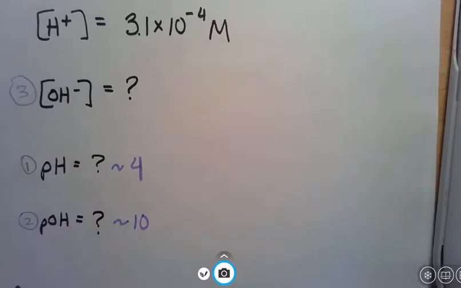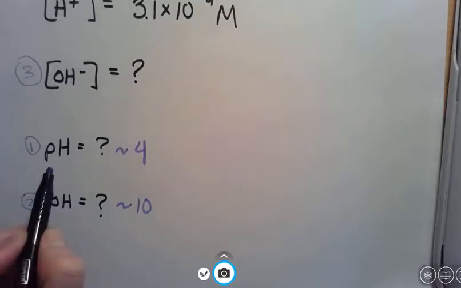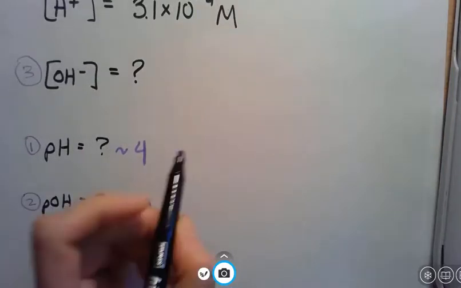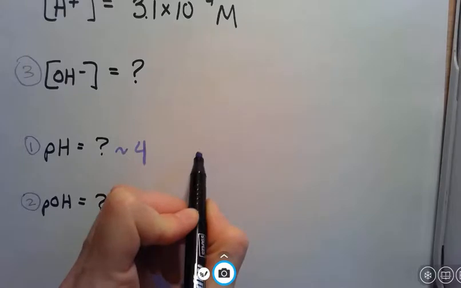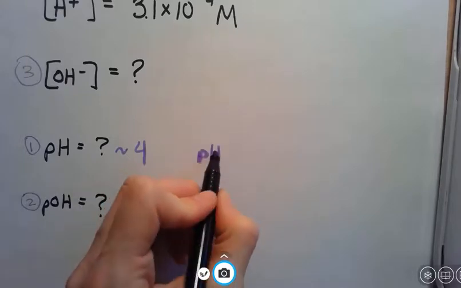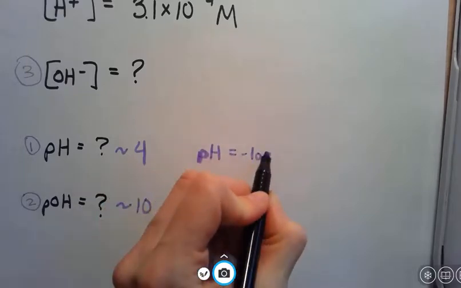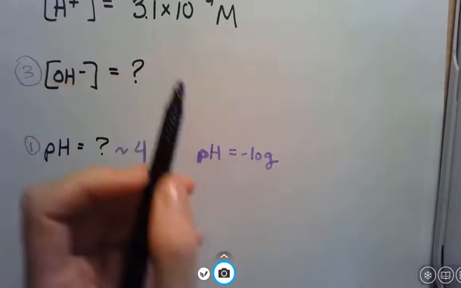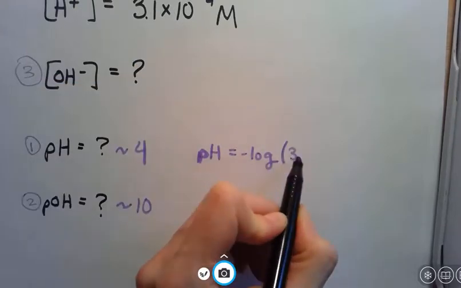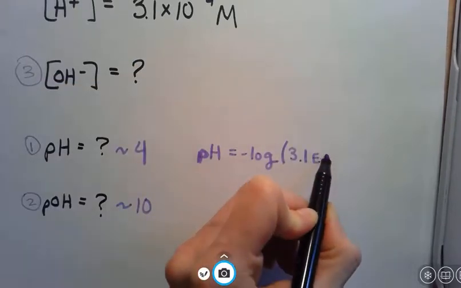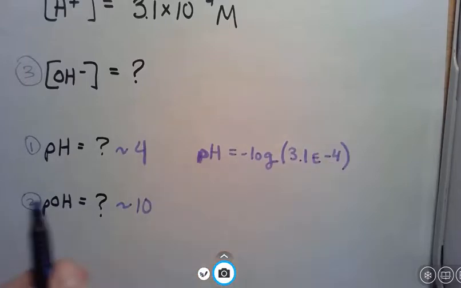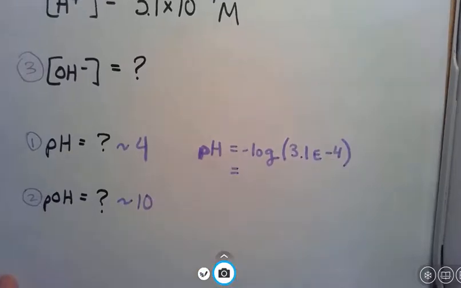So to calculate pH, I'm going to take the pH is equal to the negative log, because remember I need to pull this exponent apart, of 3.1 E negative 4. And I'll plug that into my calculator.